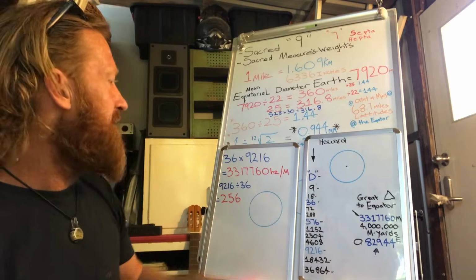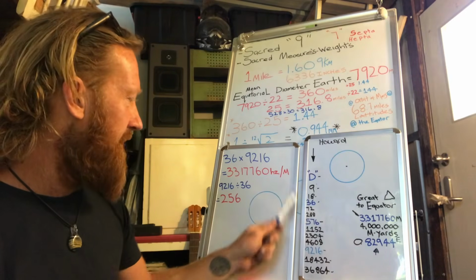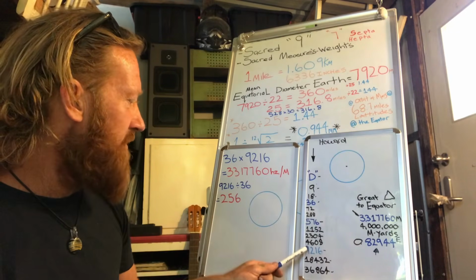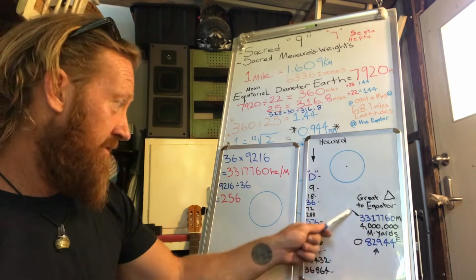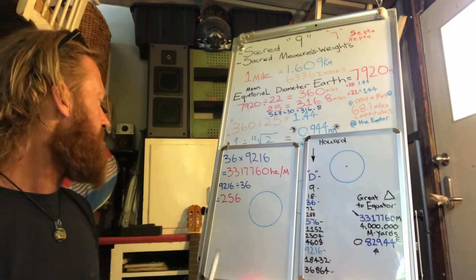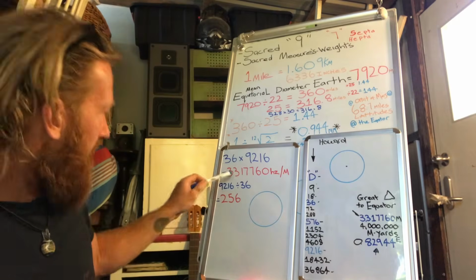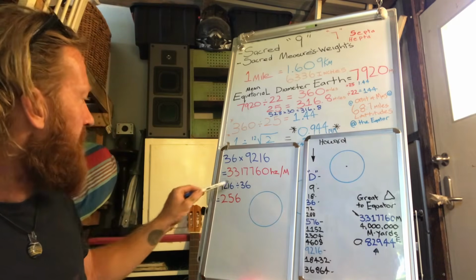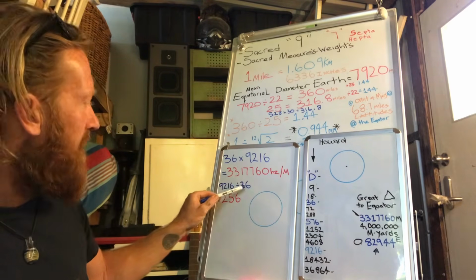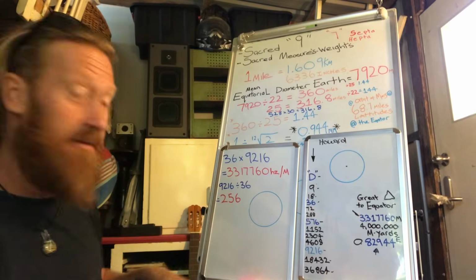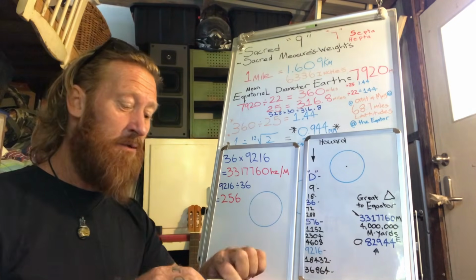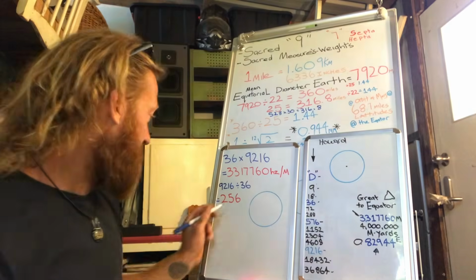But 36, as we know already, 36 times 9216 equals the King's Chamber to the equator. So what we've done is we've got that King's Chamber to the equator with that, but now we've divided it. 9216 divided by 36. We get the C, philosophical C, or philosophical pitch, or scientific pitch.